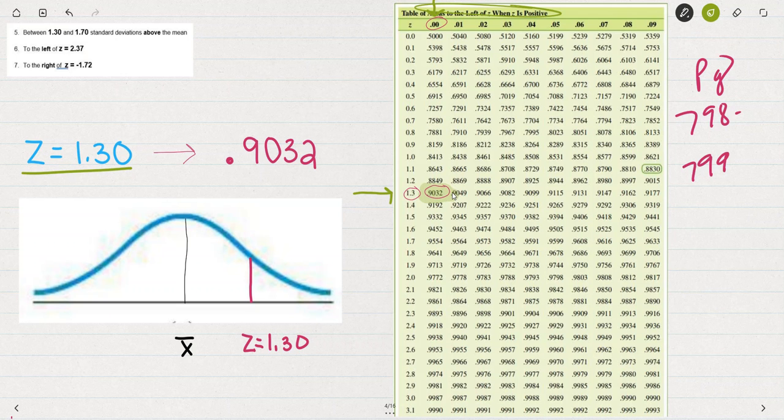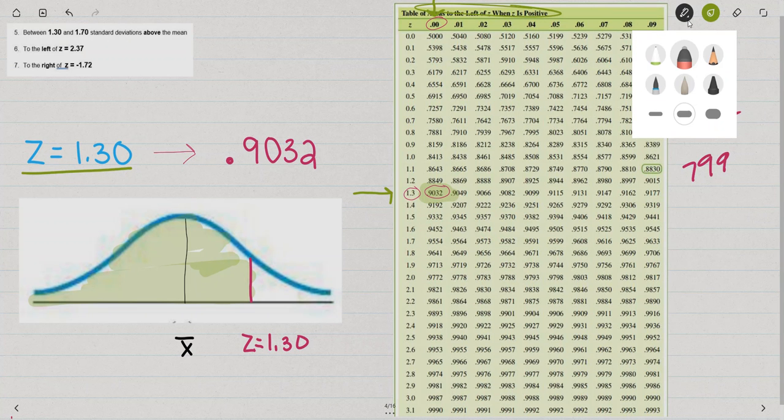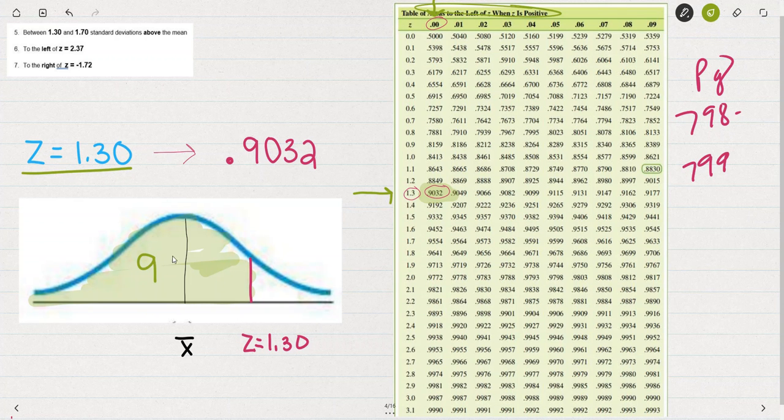I'm just wanting to show you how to use this chart. What that number 0.9032 means is that the area to the left of z equals 1.30 will take up 90.32% of the area under the curve, or as a decimal, 0.9032. That's what this chart means.